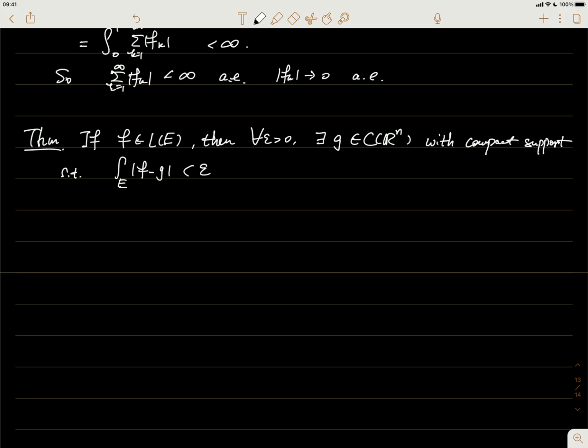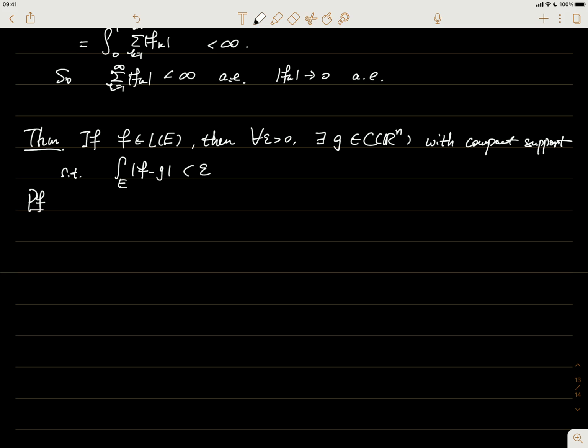What this means is that if you have an integrable function f, you must be able to find a continuous function g with compact support that is arbitrarily close to f. This is a very useful result that we're going to use many times later.